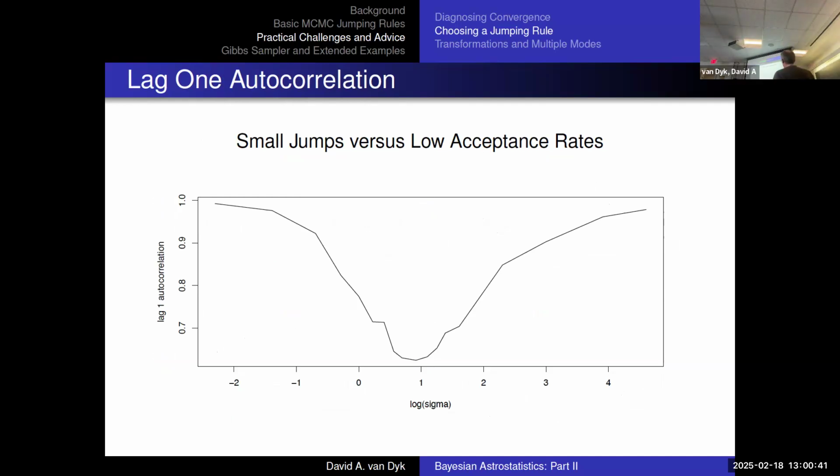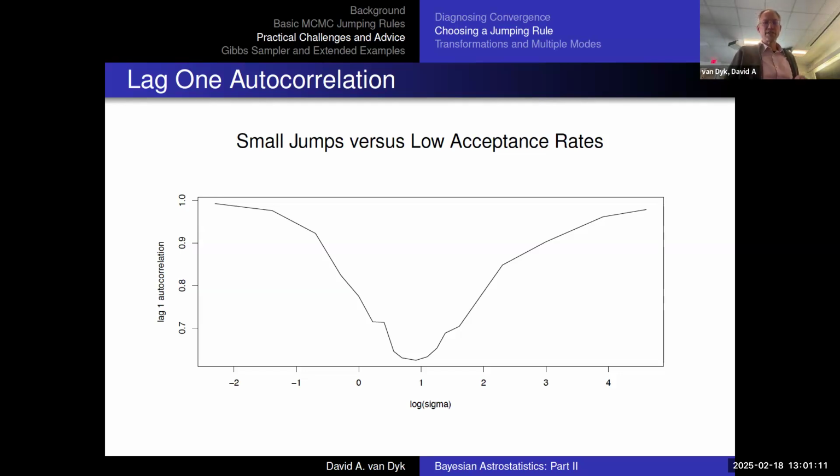So for all of these values of sigma, I ran those chains in the way I had on the previous slide, and I computed the autocorrelation and just made a plot. And you can see the target in this case is normal 0, 1. So maybe not too surprisingly, 1 is what you want. You want to have a jumping rule that's about the size of the distribution. And in a real problem, of course, you don't know the answer, but it turns out that that's the best autocorrelation.